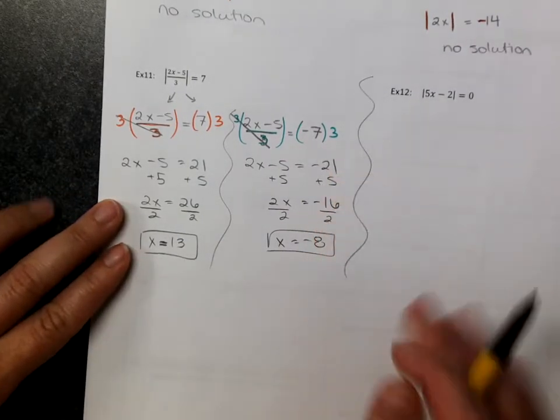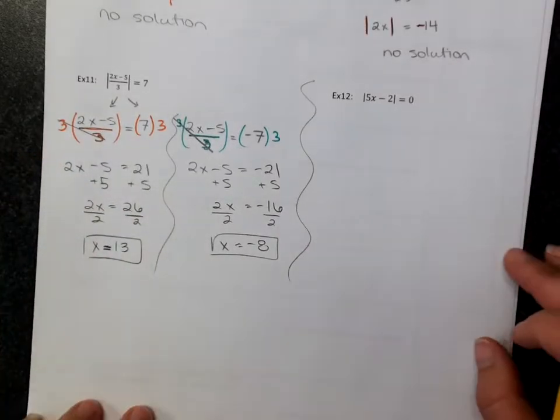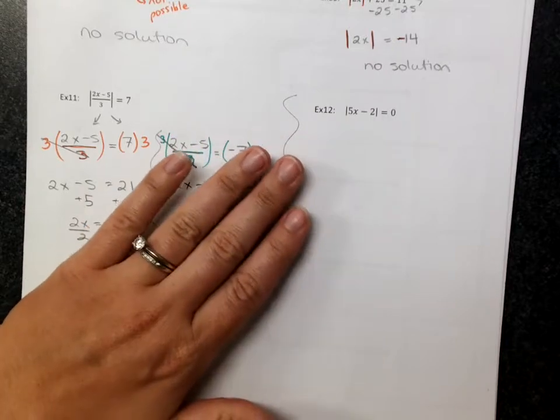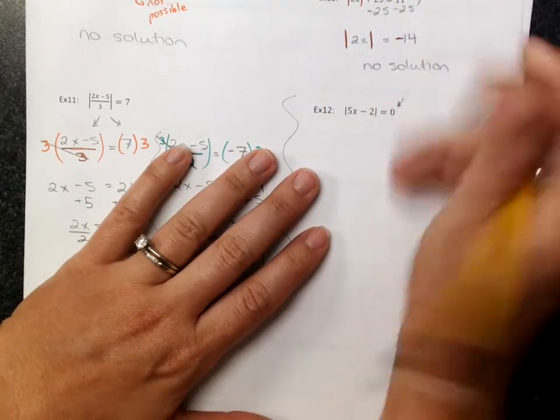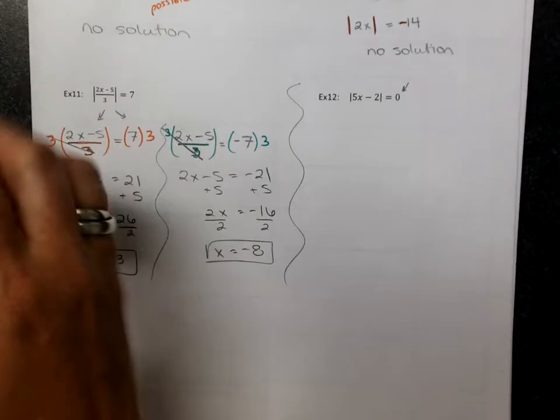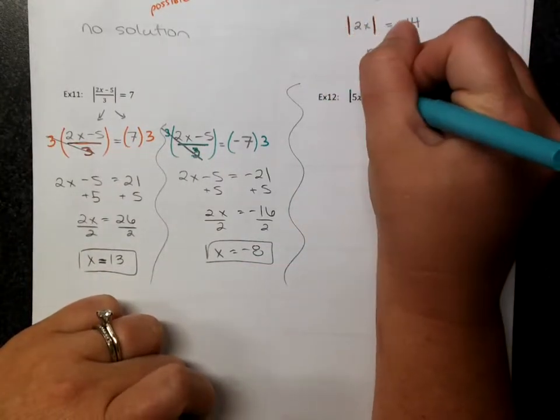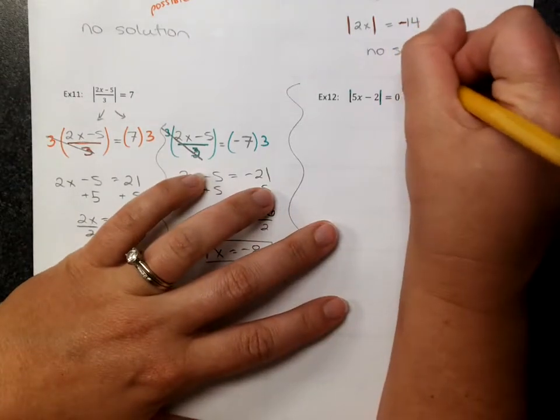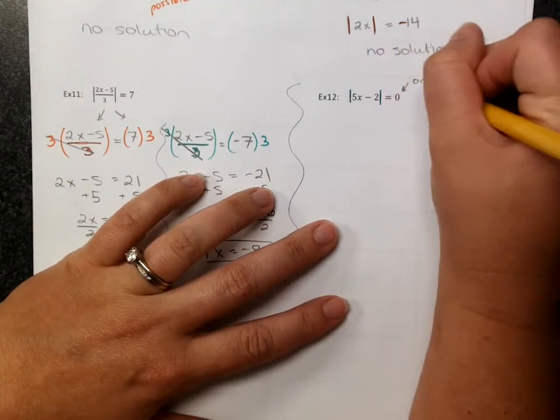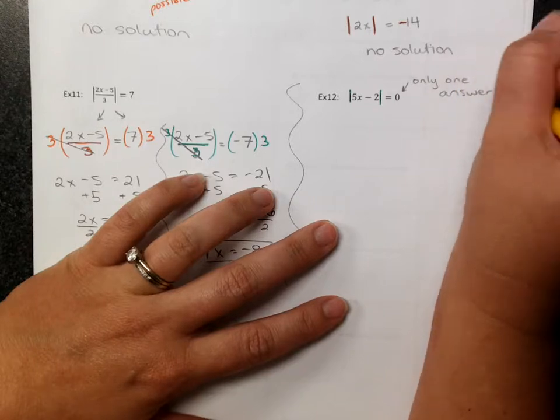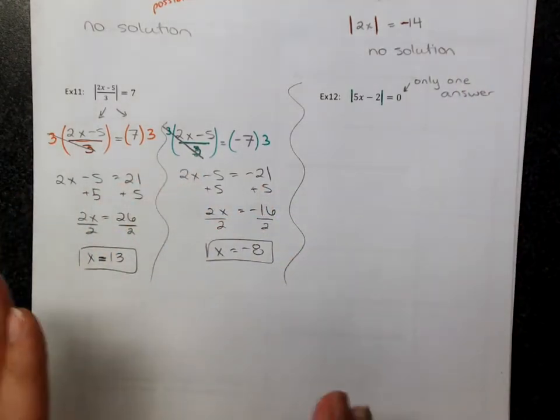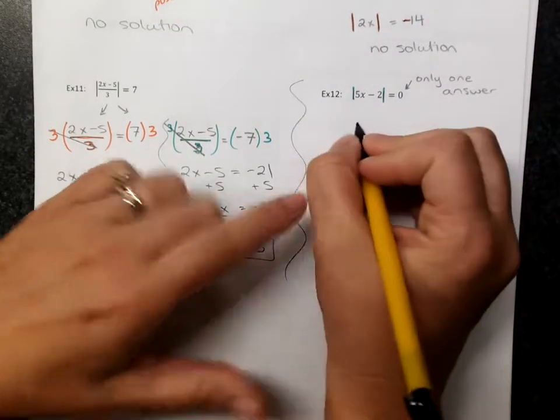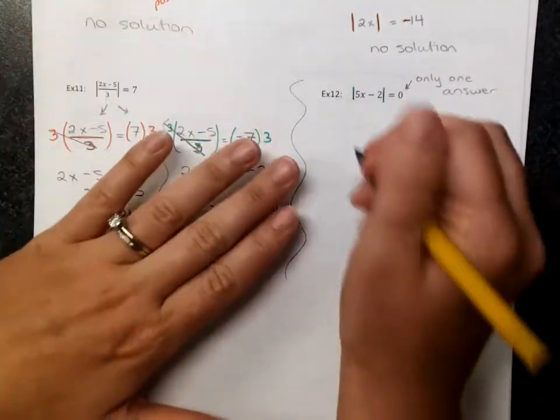All right, and last but not least, example 12. We have the absolute value of 5x minus 2 equals 0. Anytime you've isolated your absolute value and it equals 0, you're only going to have one answer. Because there's no such thing as negative 0, that doesn't make sense.